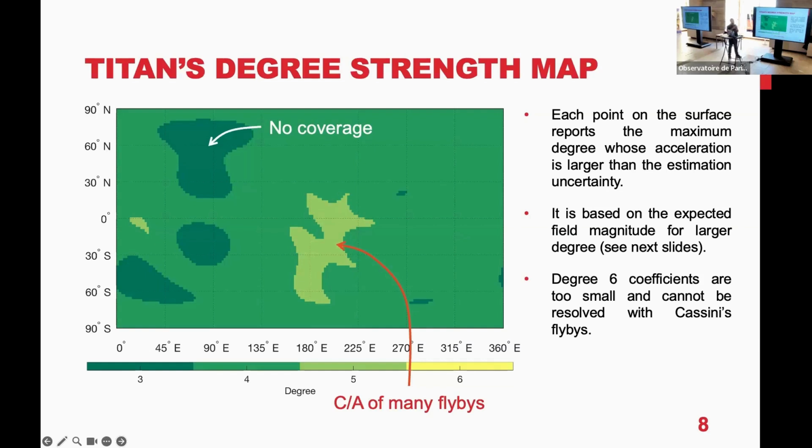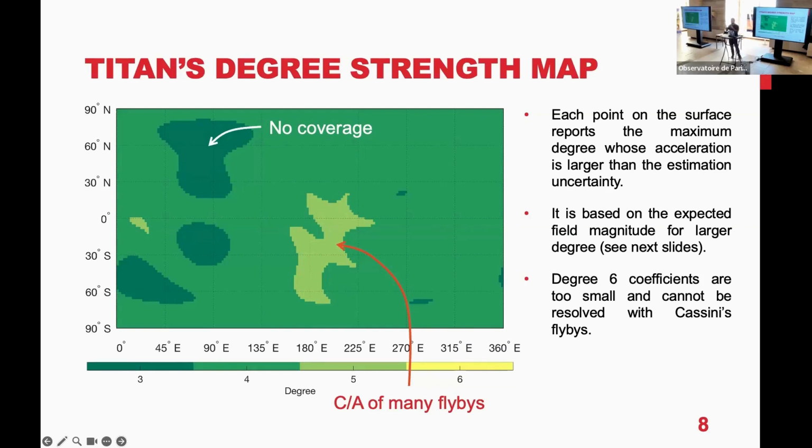Whereas where we have more flybys, essentially close to the anti-Saturnian point, here we can have a larger resolution and we can reach degree 5.